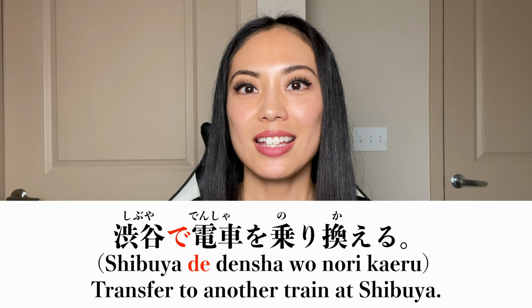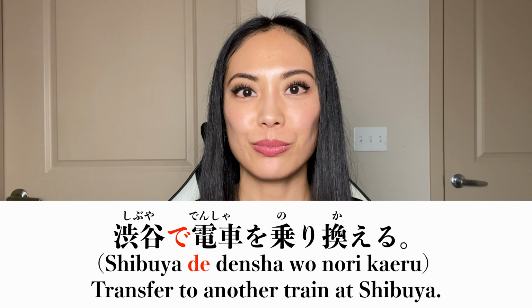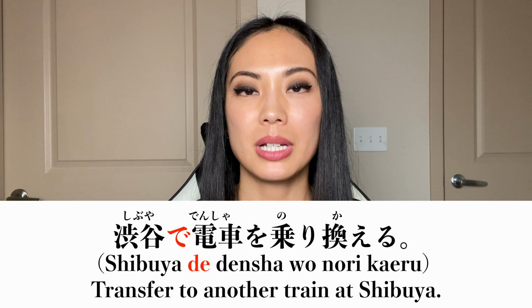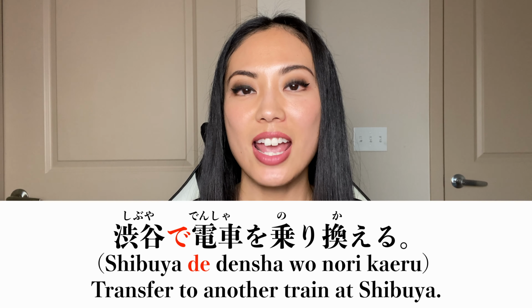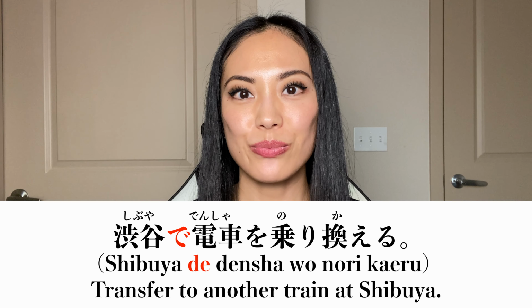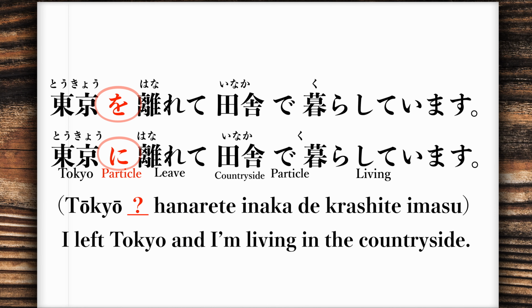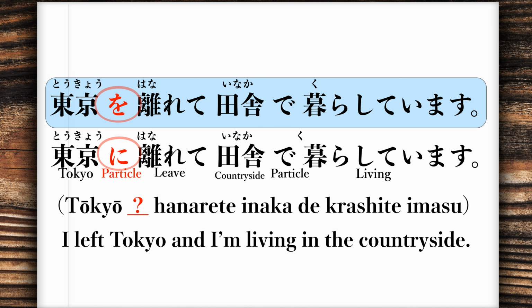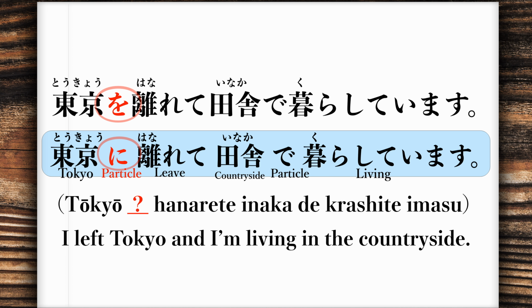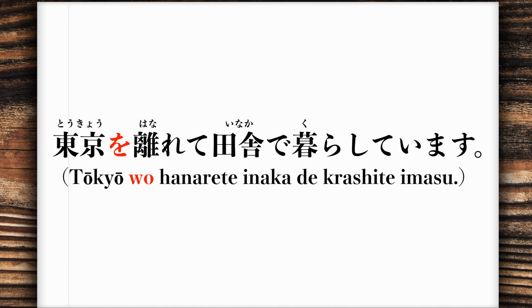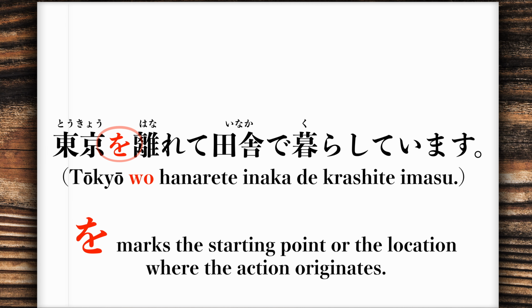Next: 東京を離れて田舎で暮らしています。東京に離れて田舎で暮らしています。In the first sentence, を indicates 東京 as the starting point of living.